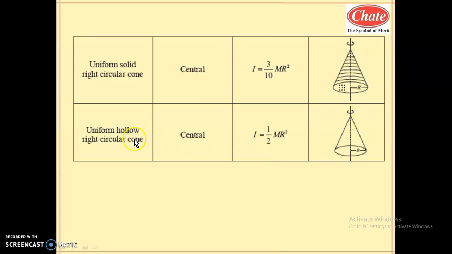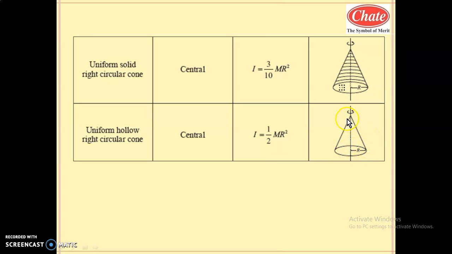For the hollow cone, if we cut it into a number of sections, every section will be a ring, and if all the rings are collected at the center, you will get a disc.